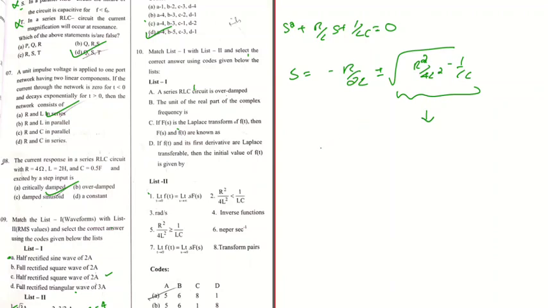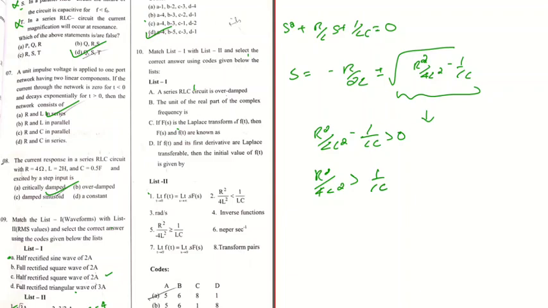If it is greater than 0, that is real and distinct, that means it is overdamped. If it is equal to 0, that means it is critically damped, and if it is less than 0, that means it is underdamped. Okay, so in the question it is said that it is overdamped. That means R square divided by 4L square minus 1 divided by LC should be greater than 0. That means R square divided by 4L square greater than 1 divided by LC.